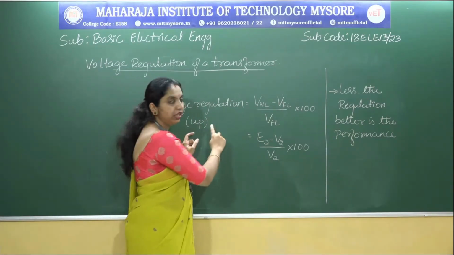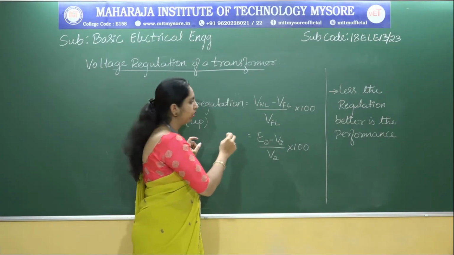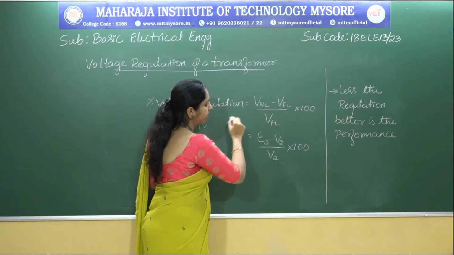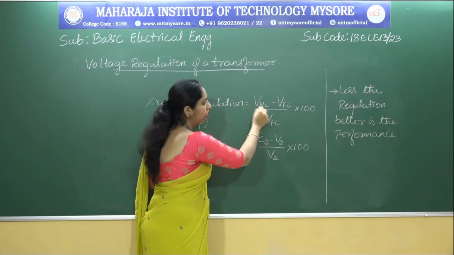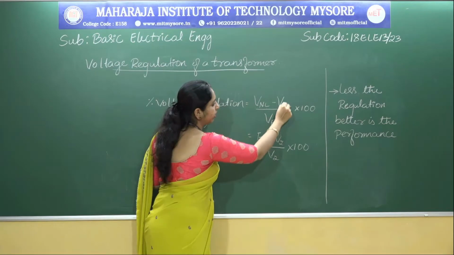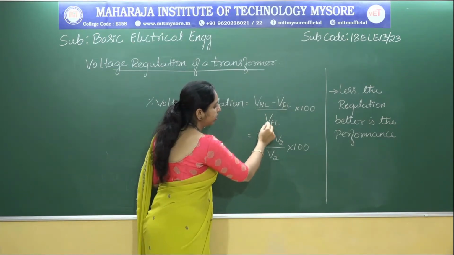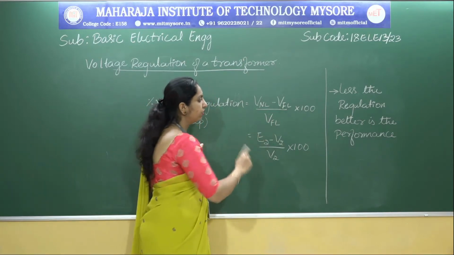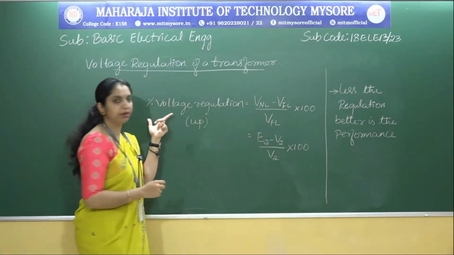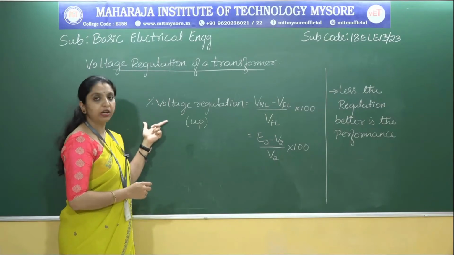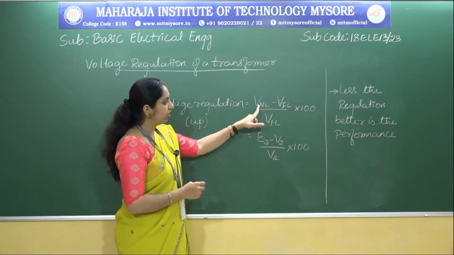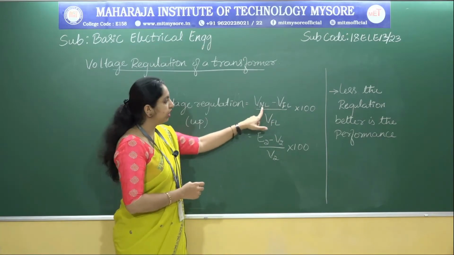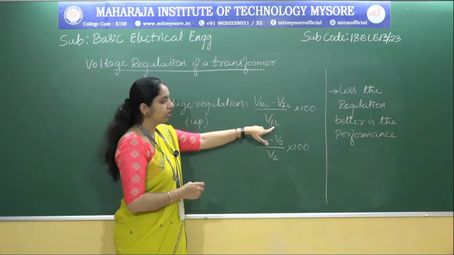VNL is the no load voltage, and FL indicates the full load voltage, divided by the full load voltage, and multiplied by 100 because we have represented it in percentage. So voltage regulation is the ratio of the change from no load to full load to this full load.